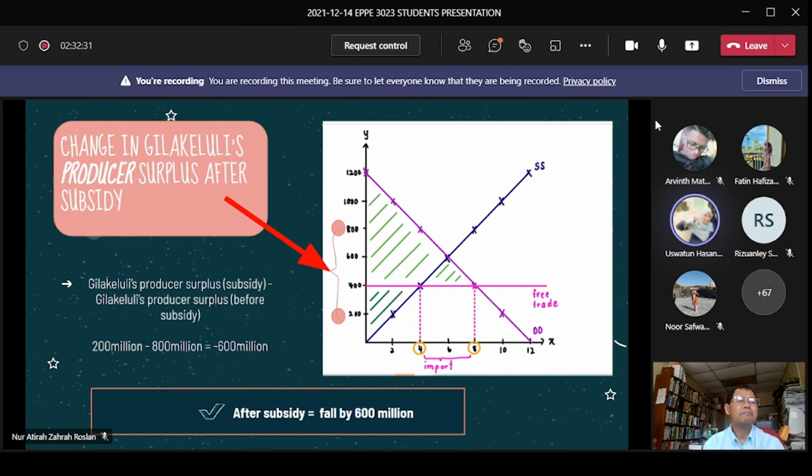And when the price decreases, the consumer surplus will increase because it's cheap. They are willing to pay more, and the producer surplus will decrease because their willingness is less. That is all. So it hurts the producer and it falls by 600.